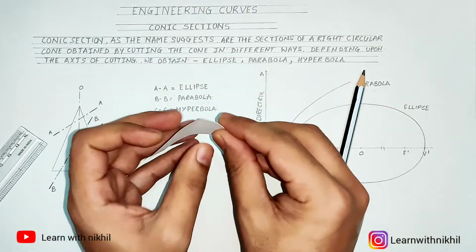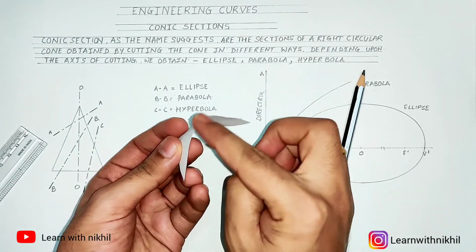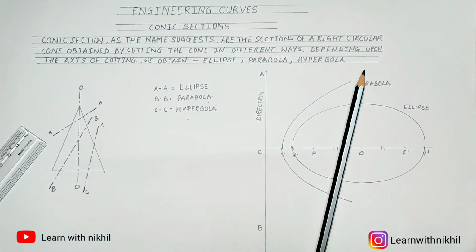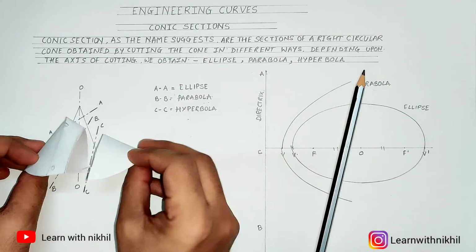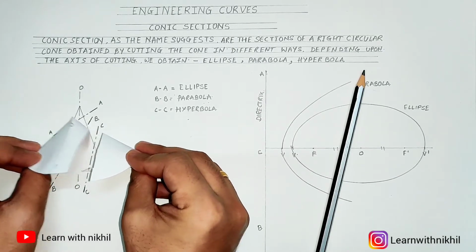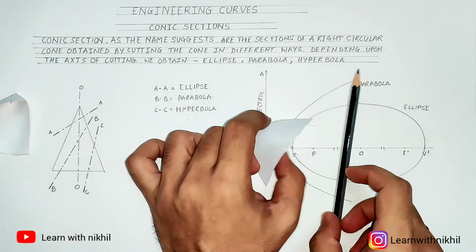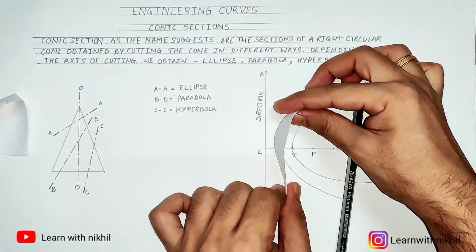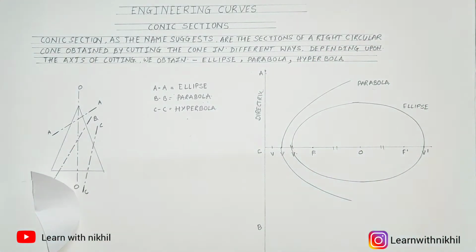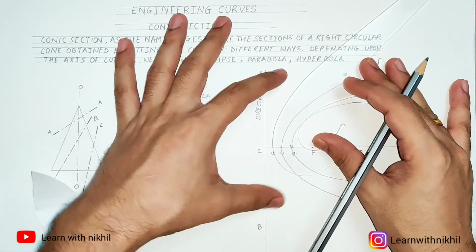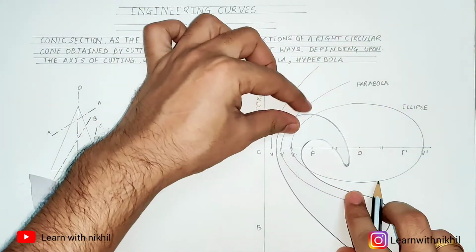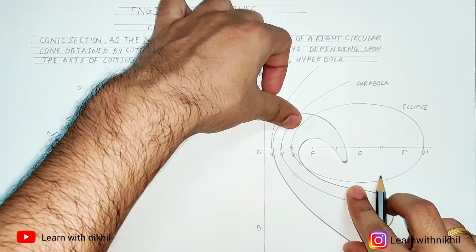This curve, it is a bigger angle curve that represents a hyperbola. The hyperbola will also begin from the vertex, that is V. So this is how the hyperbola looks. The angle of the hyperbola is much bigger.